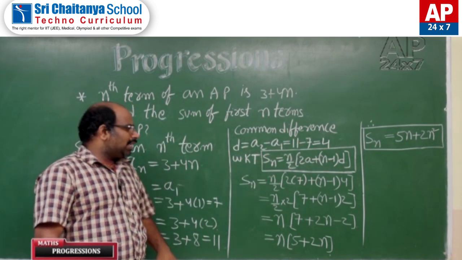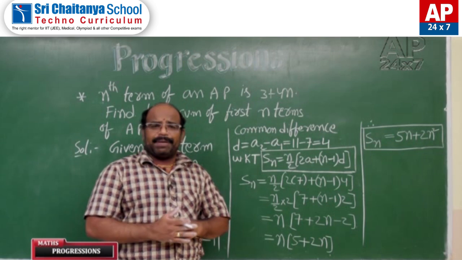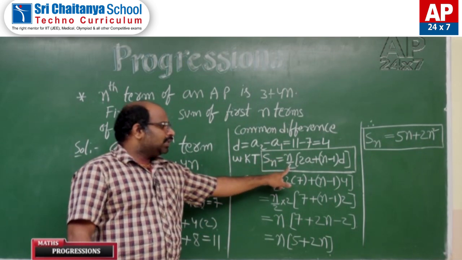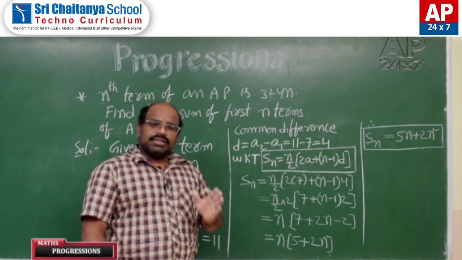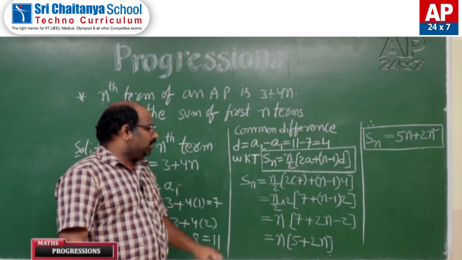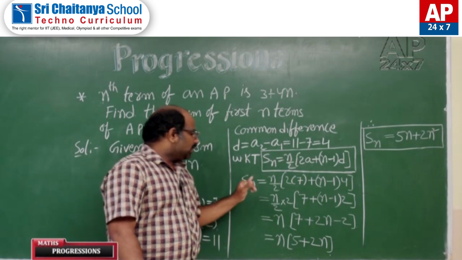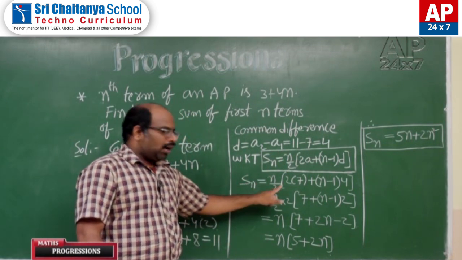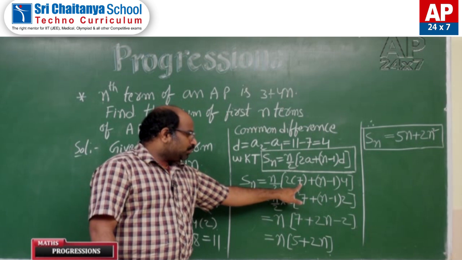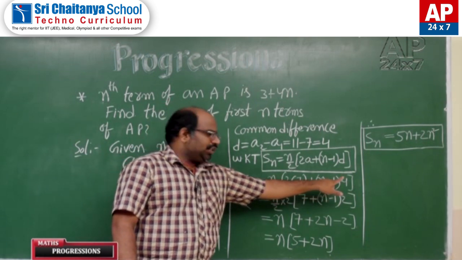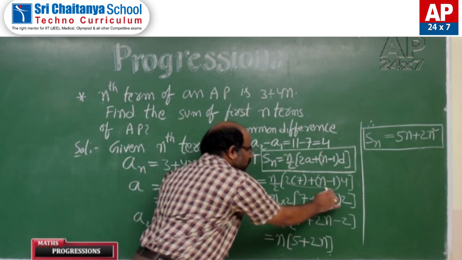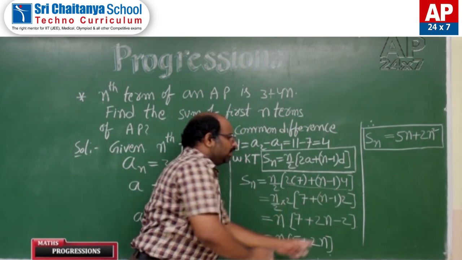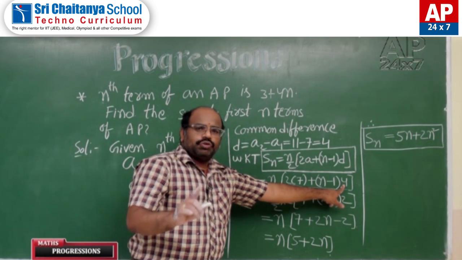As we know the formula to calculate the sum of n terms of an AP, Sn is equal to n by 2 of 2A plus n minus 1 into D. Substitute A value and D value here in the equation. Sn is equal to n by 2 of 2 into 7 plus n minus 1 into 4. Just take 2 as common between these two terms. Here 2 is there, 4 can be written as 2 into 2.